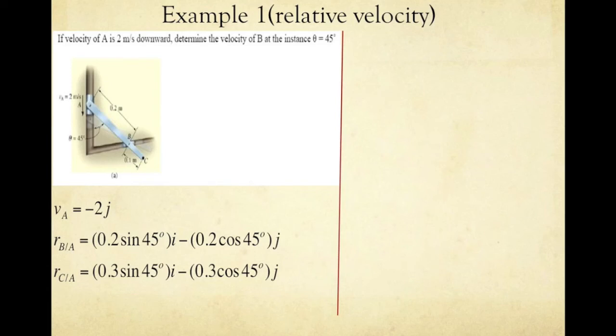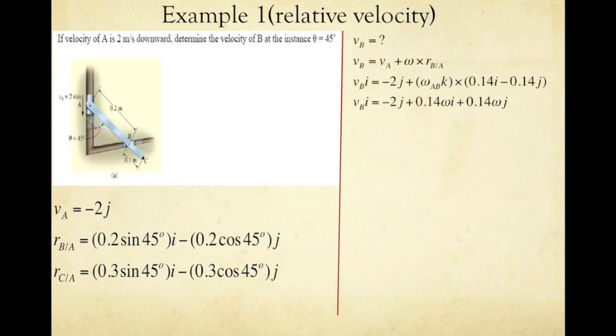Next, just as before, we use the velocity equation. Looking at the formula, we have VA, we have RB with respect to A, and we want to find VB. We insert all the values in the formula. We know that VB is moving in the I direction, so we can write it as VB in the I direction.